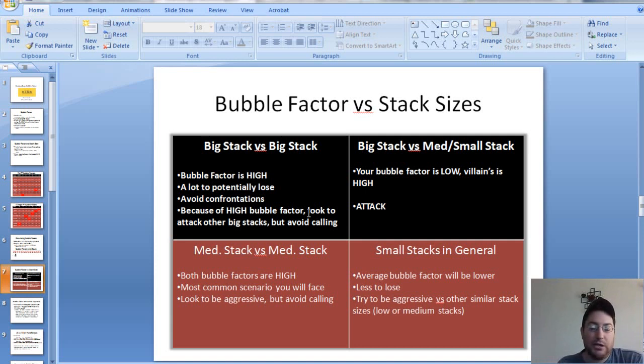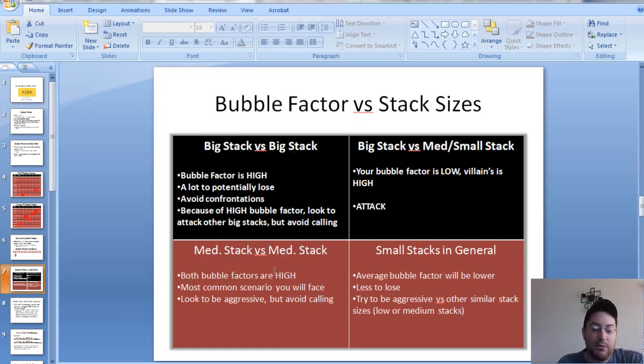Even without doing the calculation, I know it's probably 3 or even 4, depending on if there are other shorter stacks at the table. So you need to be careful in that sense. But if you do a reversal, you want to be the one doing the attacking and being aggressive, taking advantage of these bubble factor relationships.